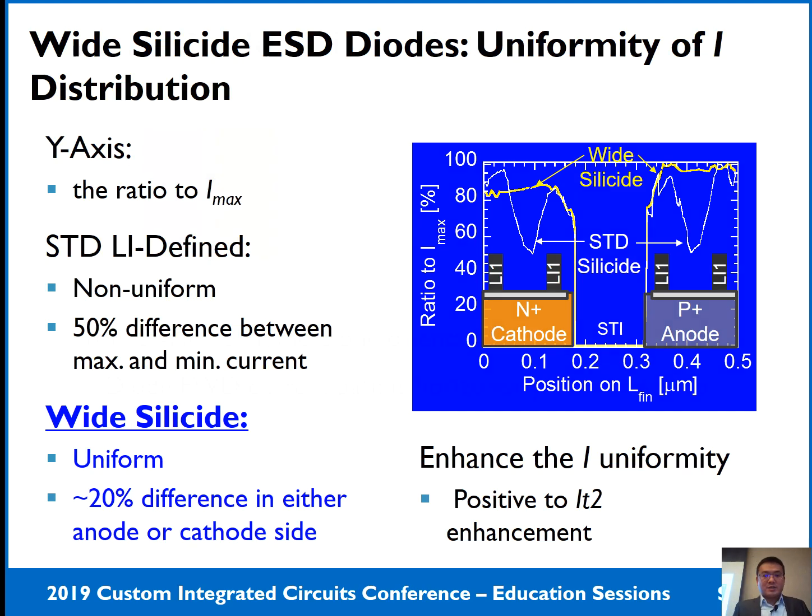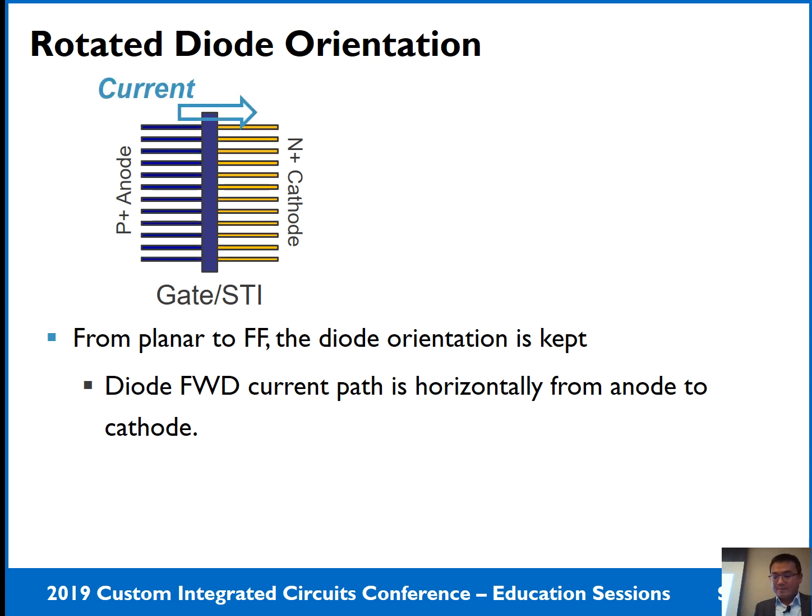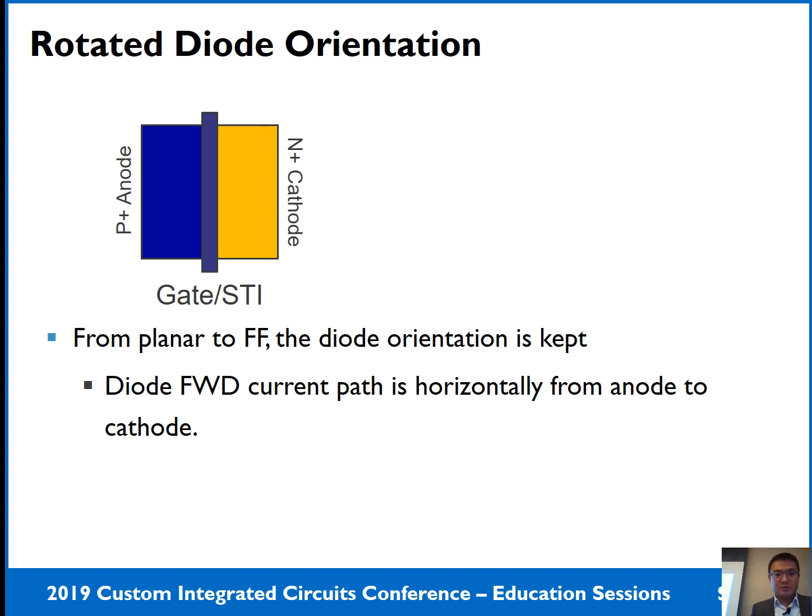However, as I mentioned, all of the proposed solutions that I showed you are process solutions. They all need an additional process step or even an additional mask. Here I will show you the final proposed solution, called rotate diode orientation.